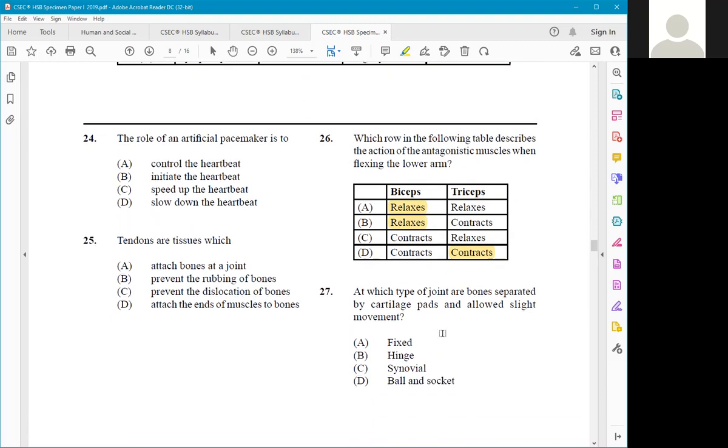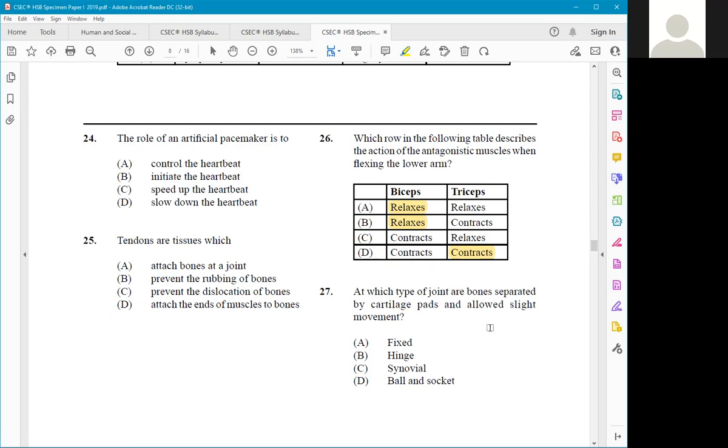At which type of joint are bones separated by cartilage pads and allowed slight movement?